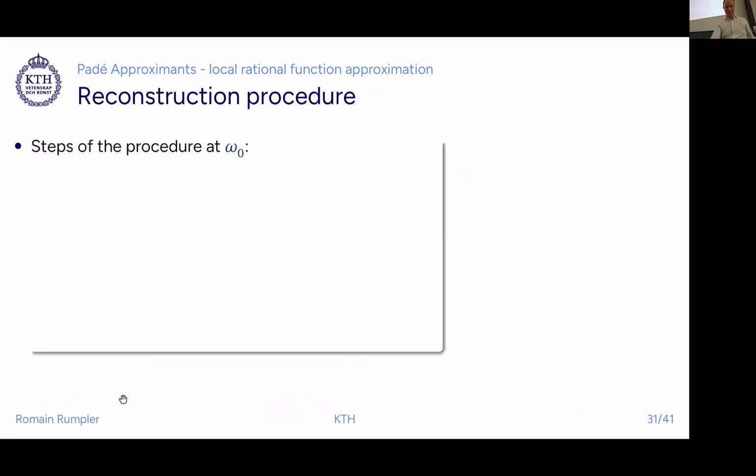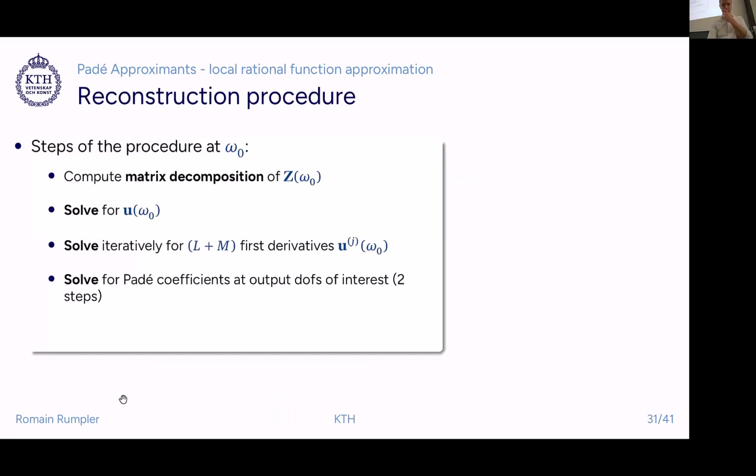I will skip the details in order to get this, but essentially the procedure goes like this. You set a frequency around which you want to expand the solution. You calculate the global system matrix at this frequency. You perform a matrix decomposition. You solve for the solution at this point, and then iteratively you calculate the successive derivatives with a recursive approach that we presented in a previous slide.